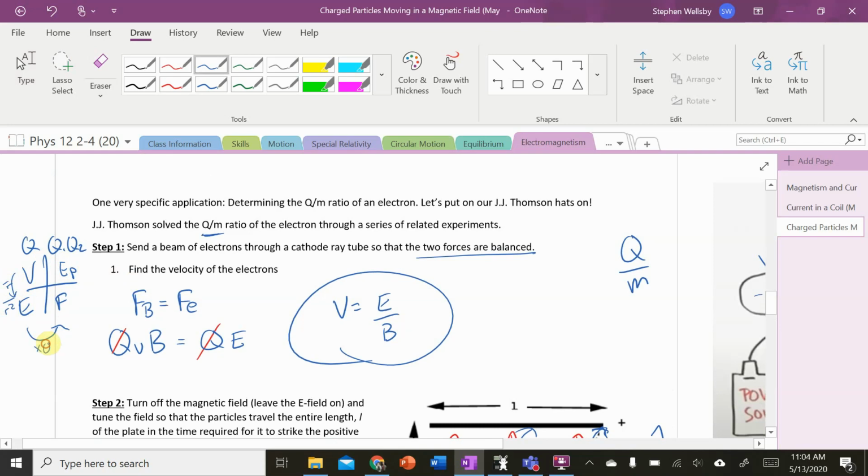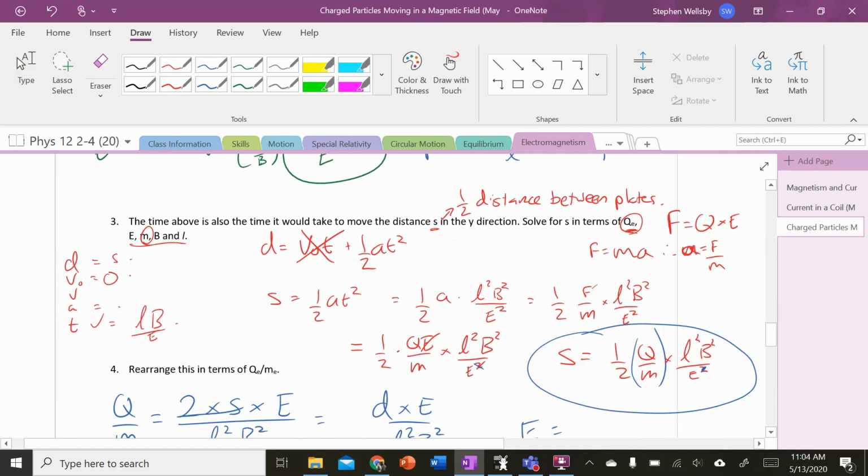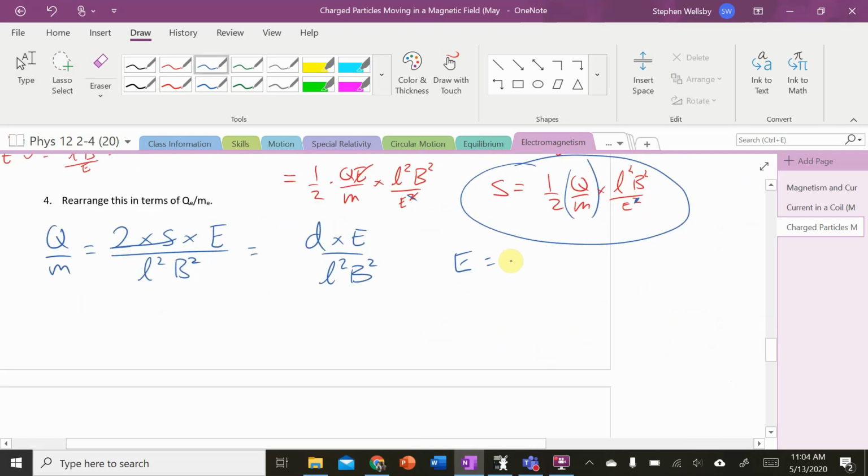So here we multiply by Q and vice versa, we divide by Q. Here we have field equals potential divided by distance. So again, just a bit of a recap from our previous unit. But E equals V over D. So he would know this value here for E. So he knows D, he knows V, he knows L squared, and he knows B squared.